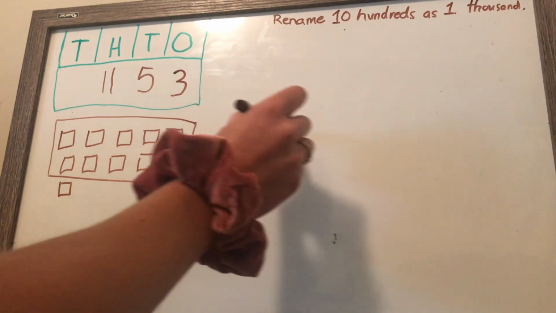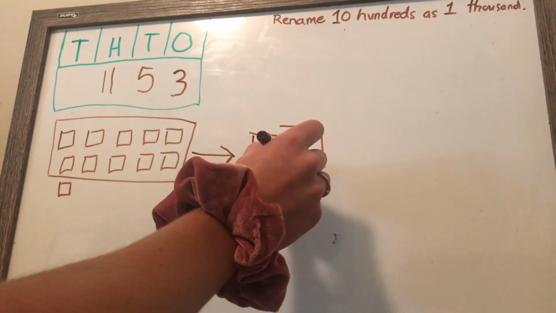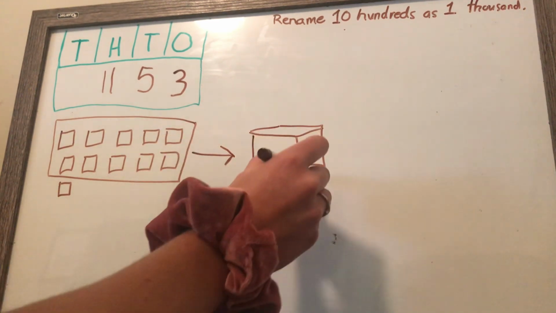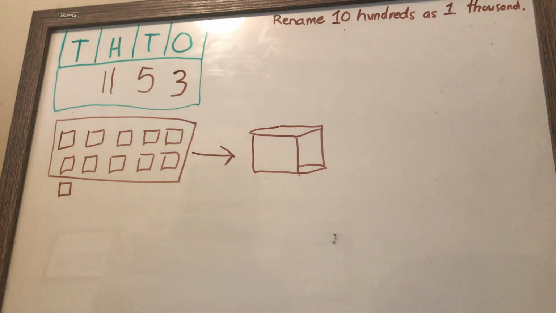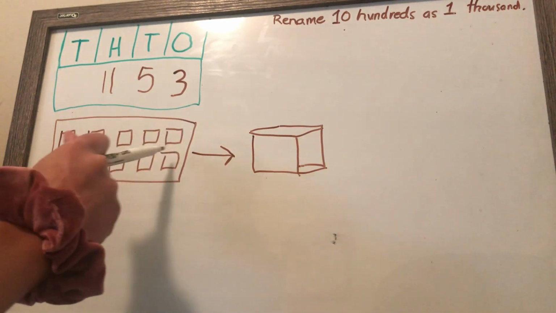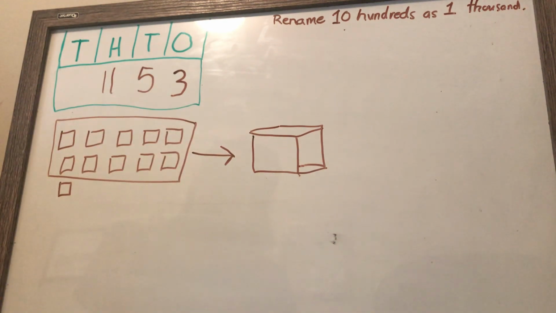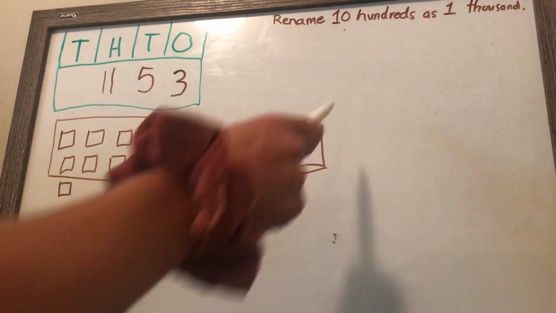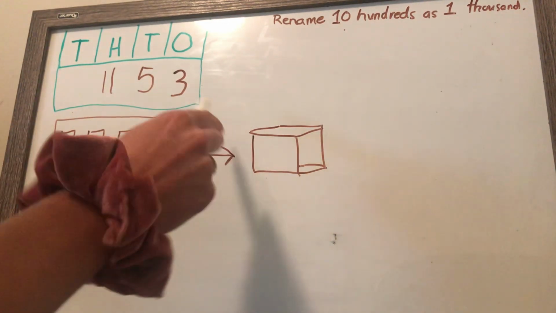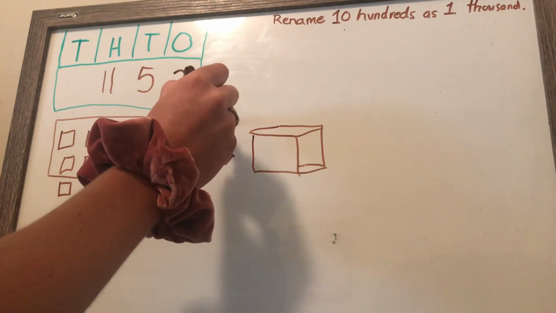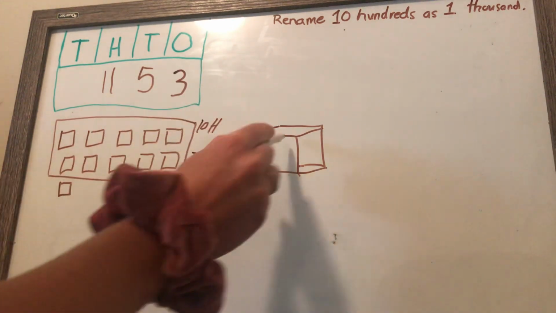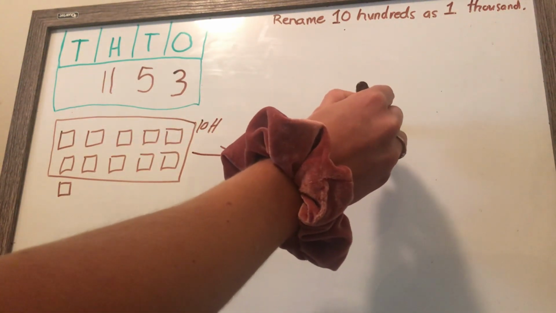So 1,000 looks like this. It's like a cube, right? There are 10 hundreds in 1,000. So, how many hundreds do I have left over? If this is equal to this, 10 hundreds right here is equal to 1,000.